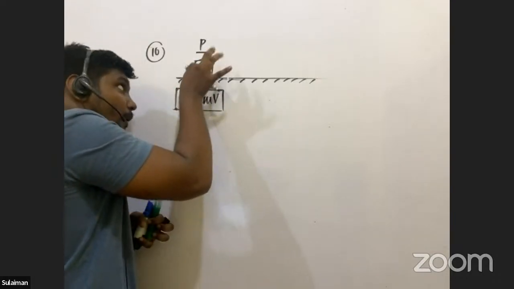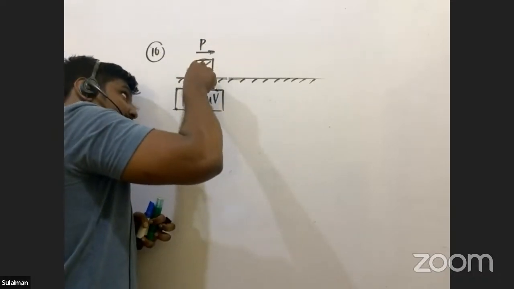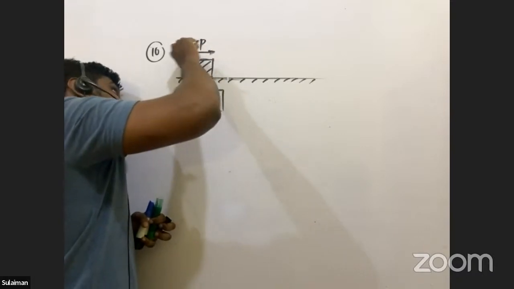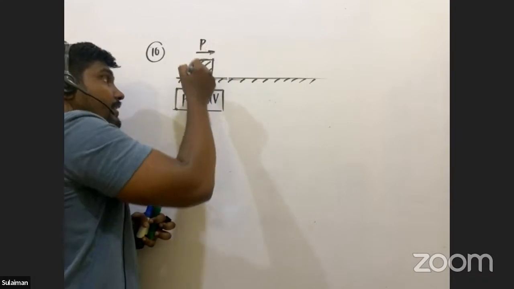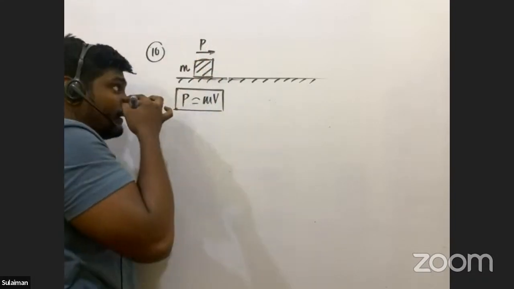That means initially this object is traveling to the right, because if it has linear momentum, it has a velocity at this instant. The mass of this object is simply m.